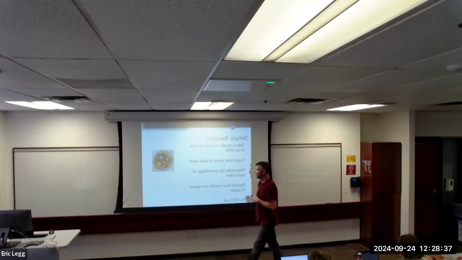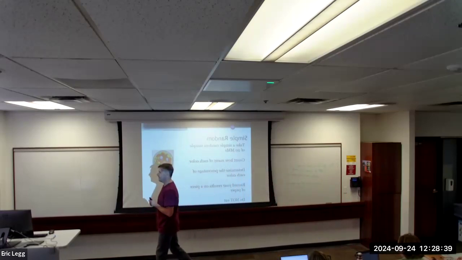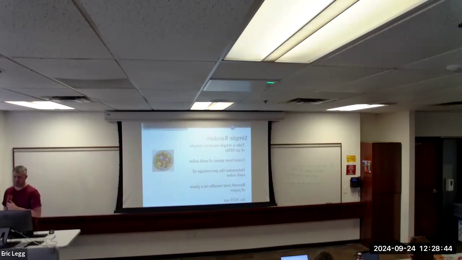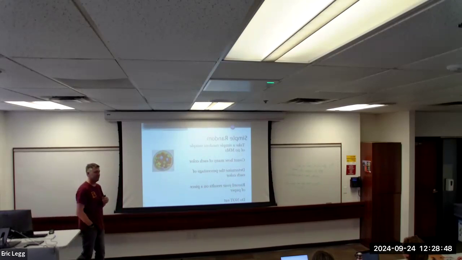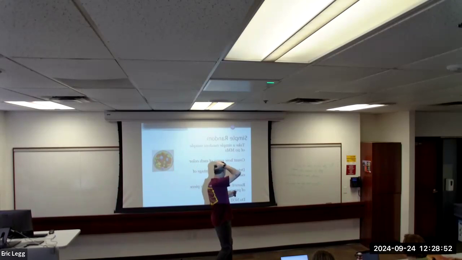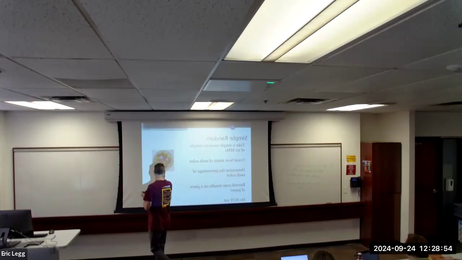Okay. So, within your M&Ms, take a simple random sample of 20, count how many of each color. So you're just gonna pull out your 20 and count how many of each color.